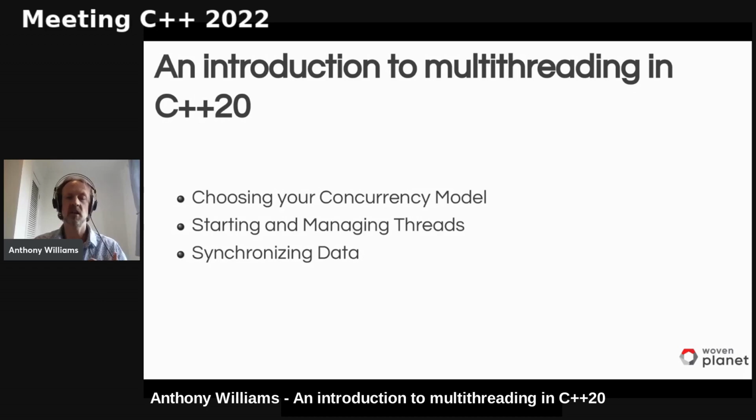And then that can affect the way that you structure your code. Then I'm going to look at how to start and manage threads using the C++20 library. And then finally, we'll look at the library facilities that we have for synchronizing data.